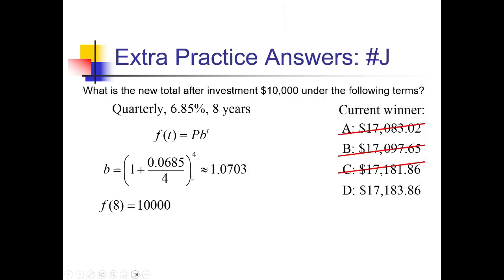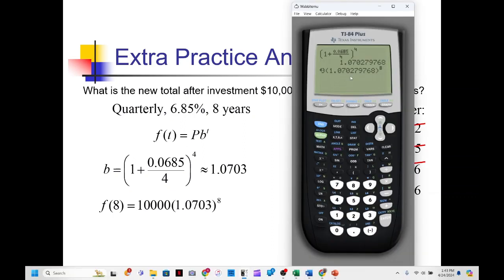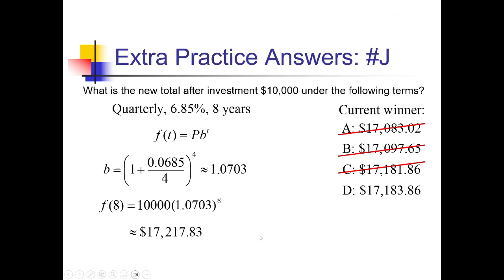So that's 10,000 times 1.0703-ish, raised to the 8th power. Careful with the exponent there. That's going to give me about $17,217.83. Comparing that to D, who's been the winner so far, that looks like it is higher than D. So we have a new champion. We've got Plan J, at least until somebody bigger comes along.